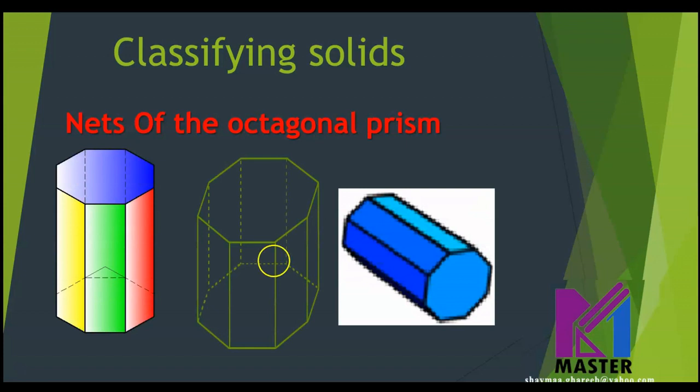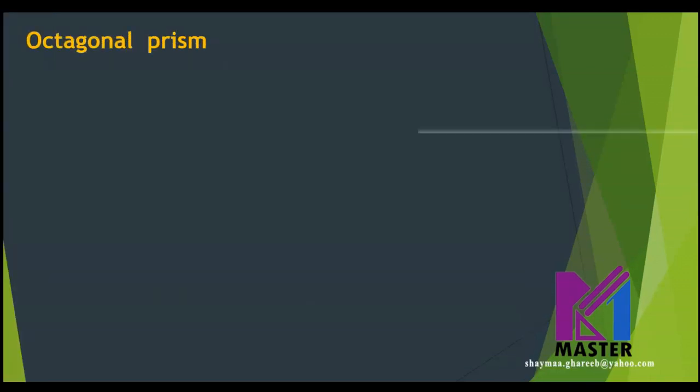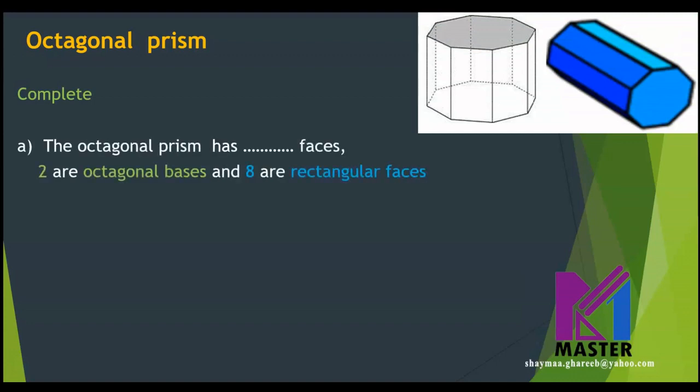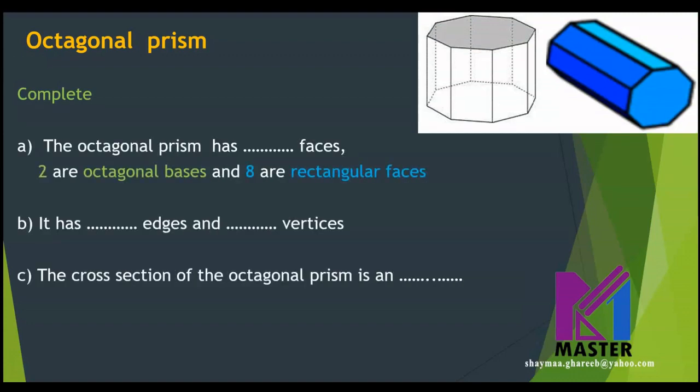Now let's talk about the octagonal prism. Let's answer some questions about the properties of the octagonal prism. The octagonal prism has how many faces? It has 10 faces. 2 are octagonal bases, or 2 of them are octagons, and 8 of them are rectangles.